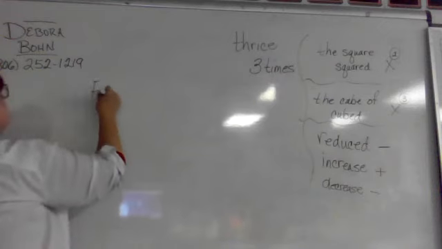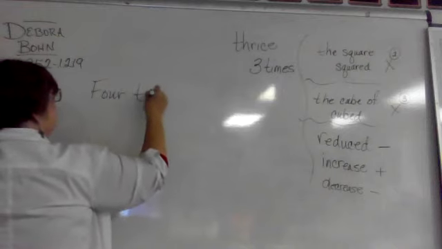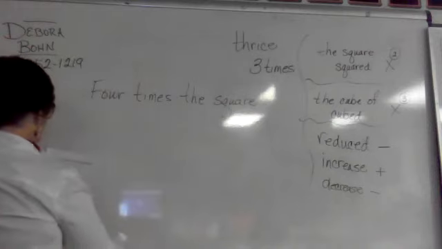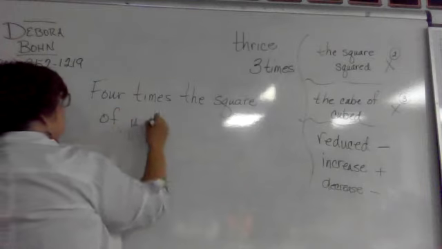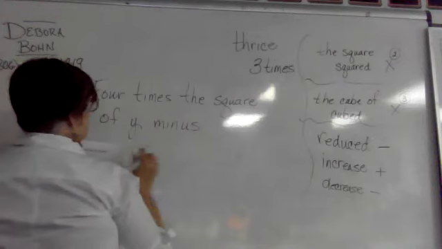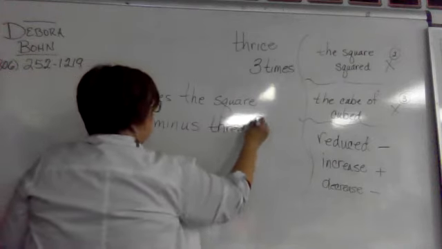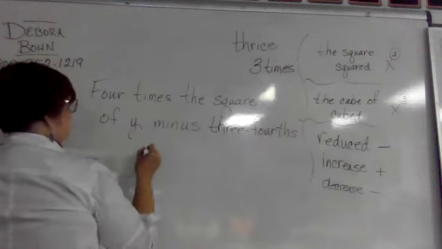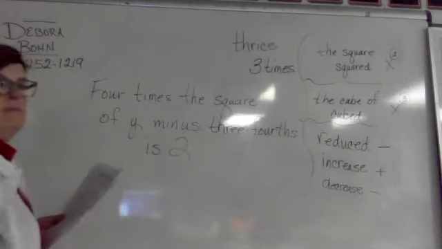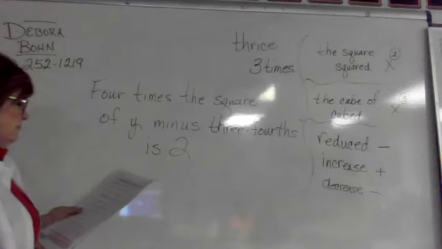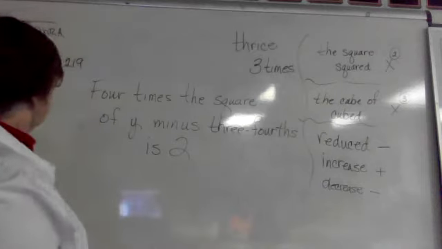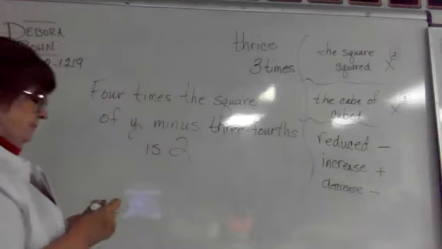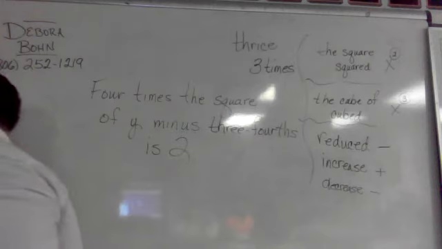Okay, here we go. What's up there? 4 times the square of y minus 3/4 is 2.